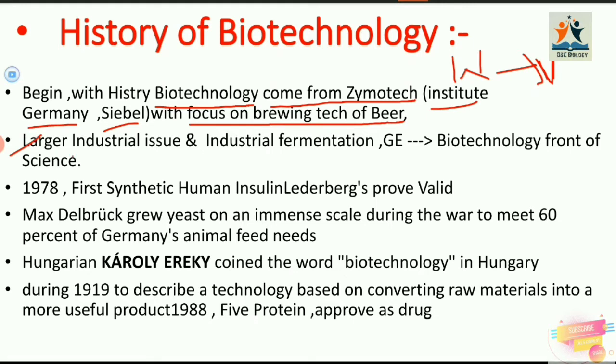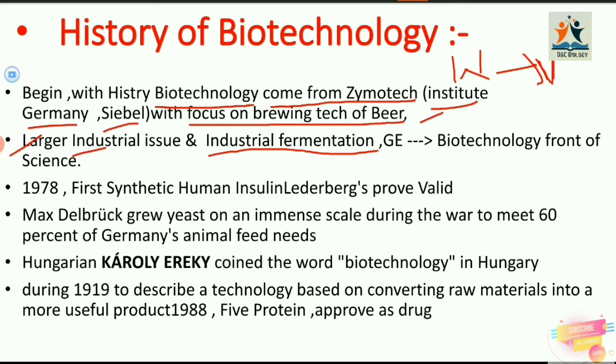Biotechnology started with zymotechnology, and then this technology was used to solve larger industrial issues and also for industrial fermentation. In the past, scientists did not get support from the government and the public.